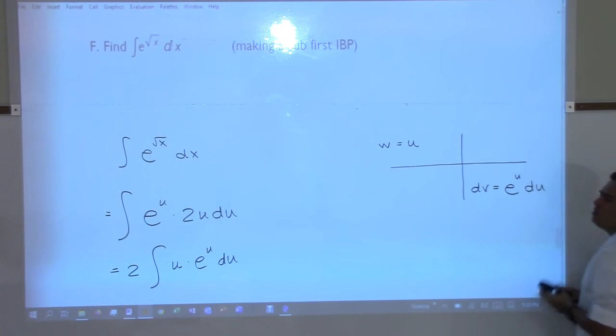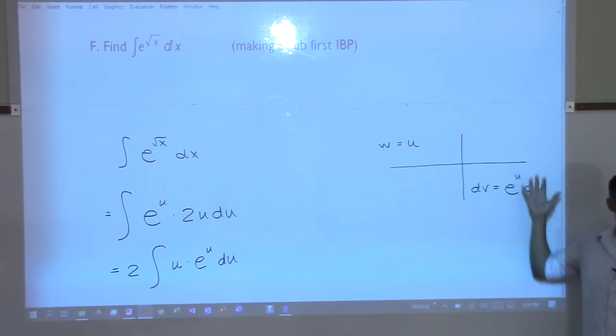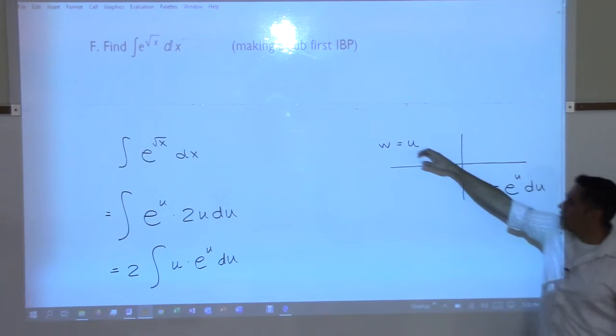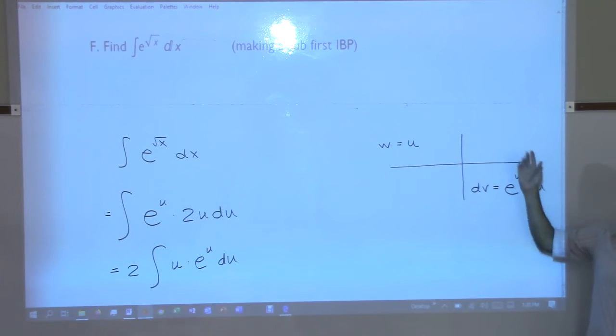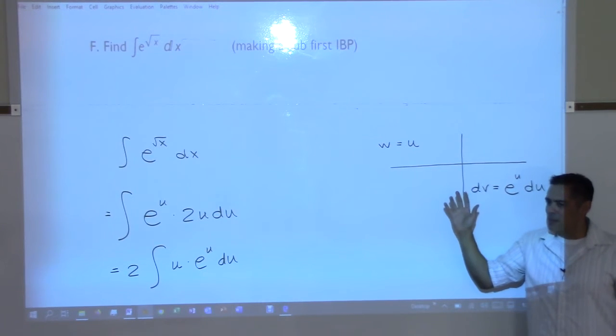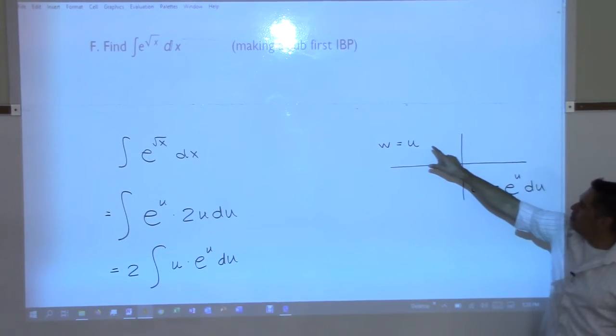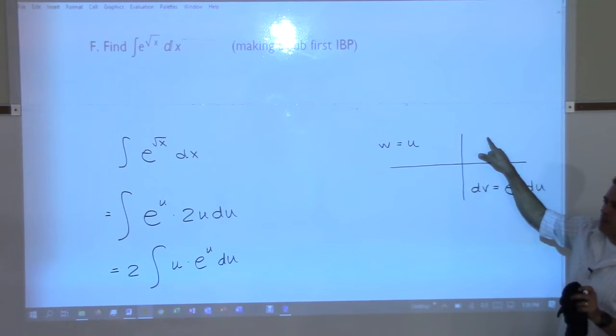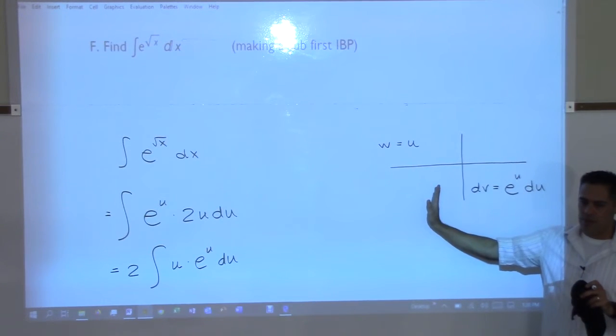All right, so now I can still set this table up, just using different letters, still going to differentiate down, integrate up, and then I'm not going to have ultraviolet minus voodoo anymore, right? It's different letters, but the same process. It'll be this times this minus the integral of this times this.